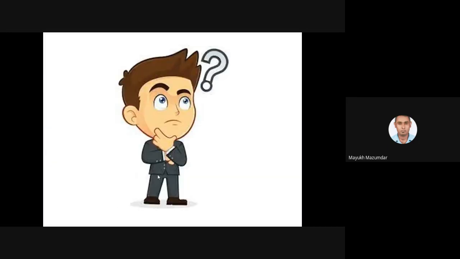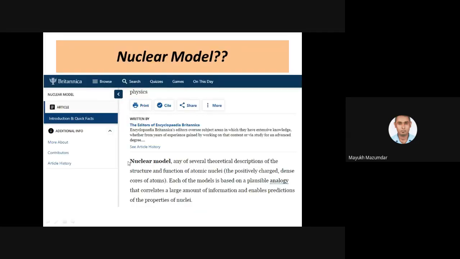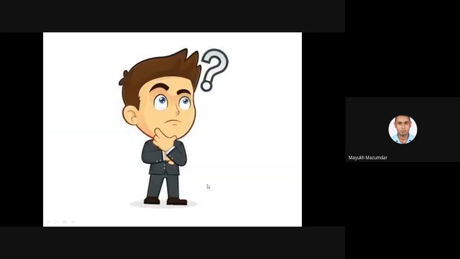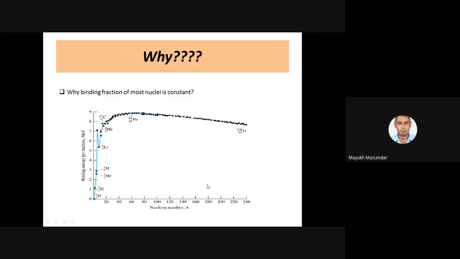So now, what are the questions exactly that we are talking about? These things: function of atomic nuclei, description. What are the questions? There are many questions. The first one is, if you remember this graph, the packing fraction graph, binding energy per nucleon versus the nucleon number.